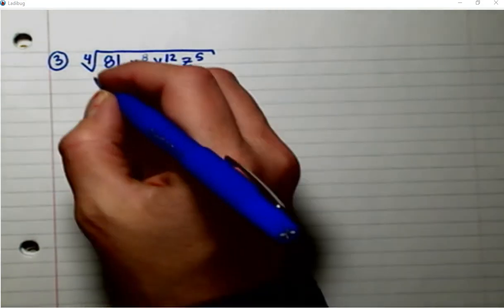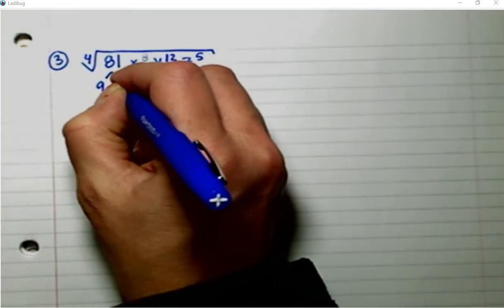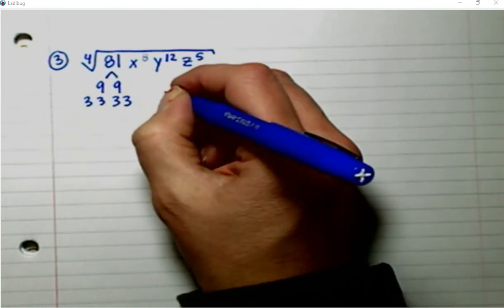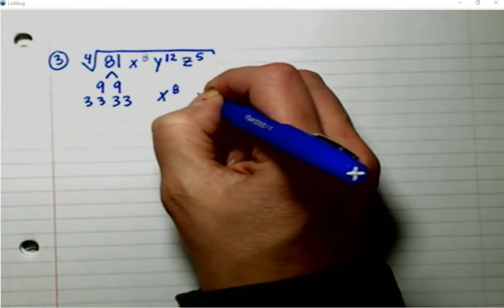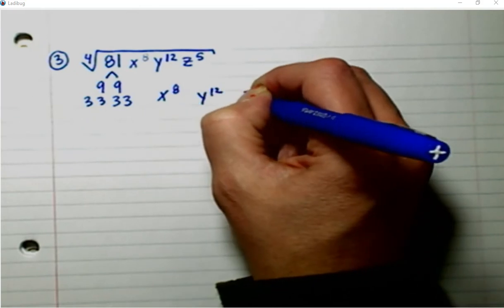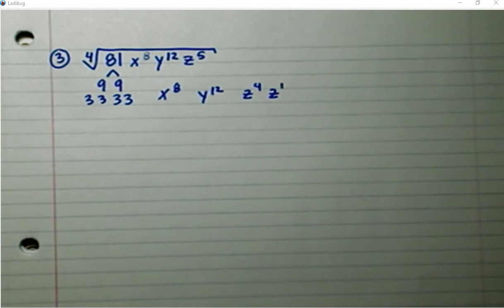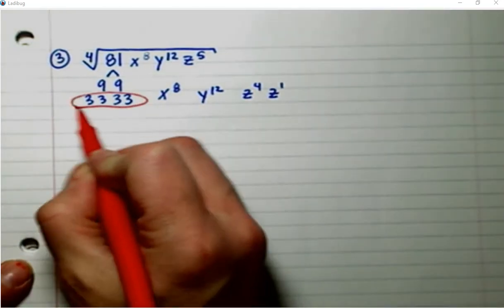Okay, so I know that 9 and 9, 3, 3. Oh, these are all nice groups. Okay, so I'm simplifying.